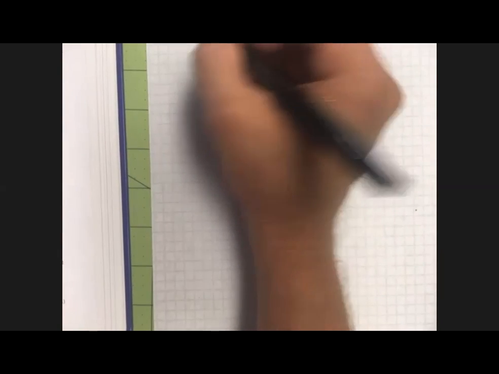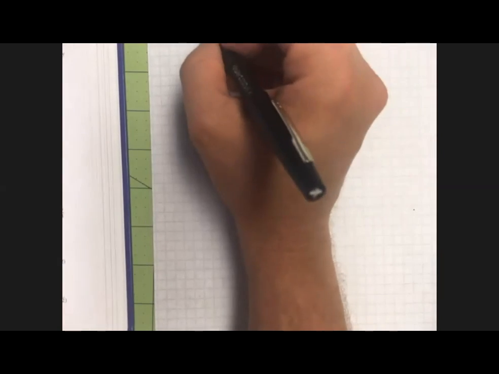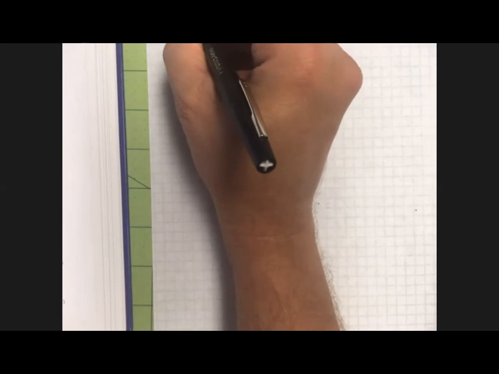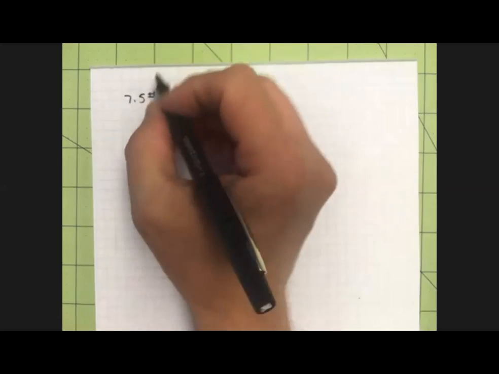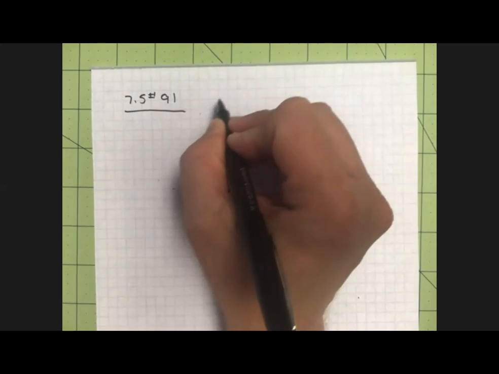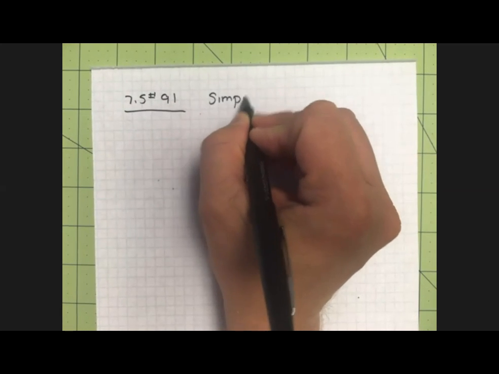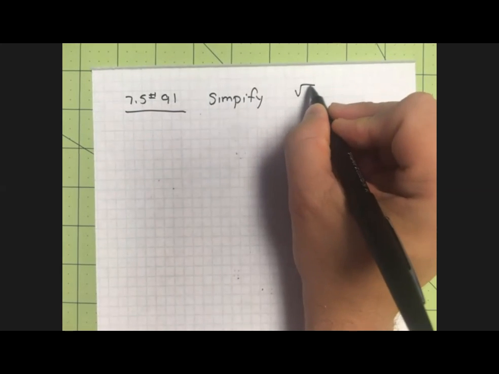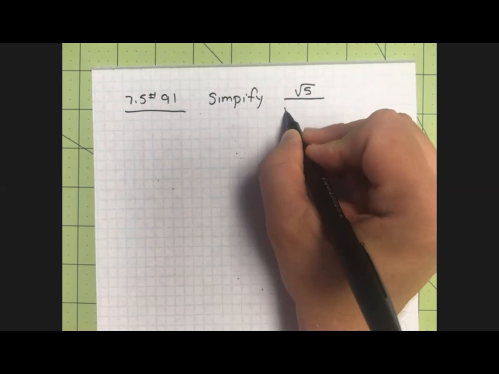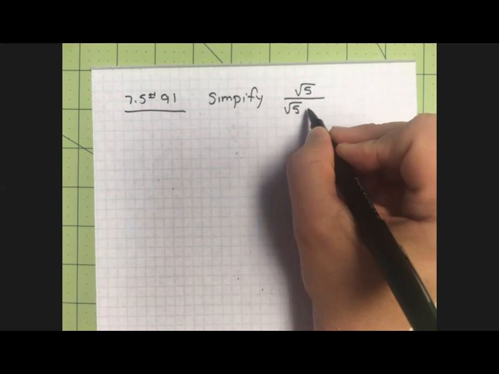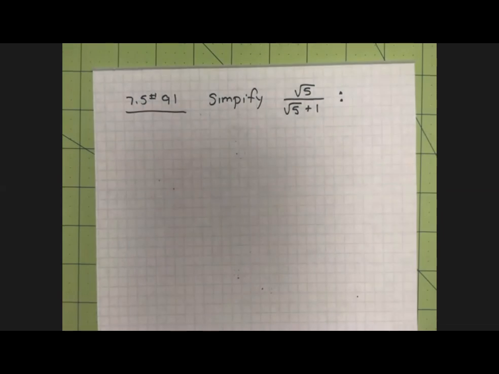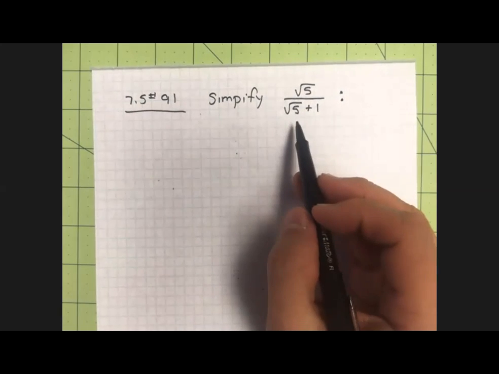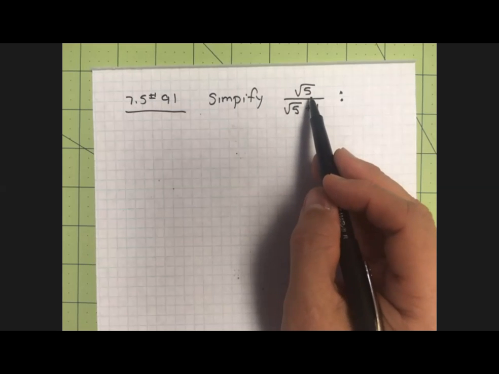So, for example, in problem number 91, let me lower my paper, sorry. How can you simplify the square root of 5 divided by the square root of 5 plus 1? It's not a complicated thing to begin with, but there are no perfect squares undone.